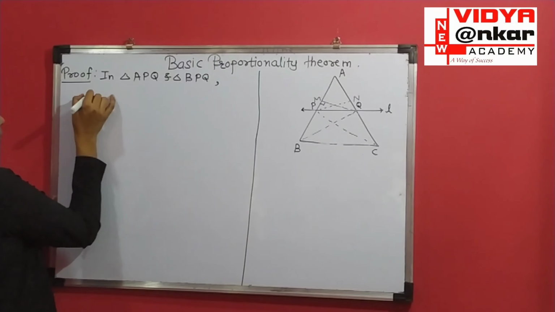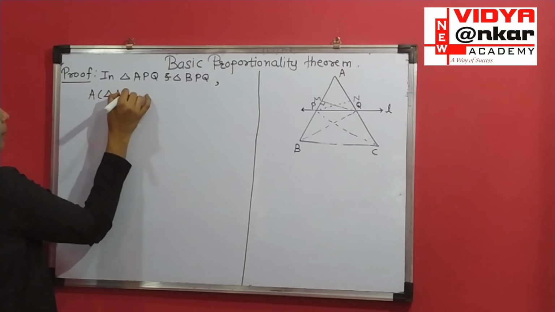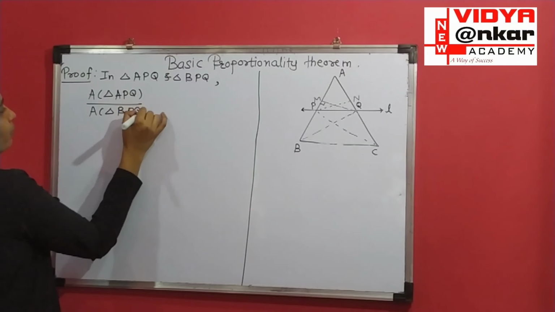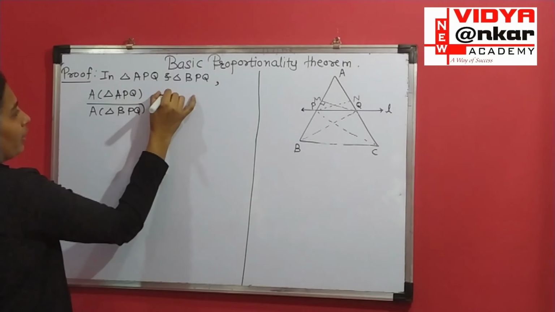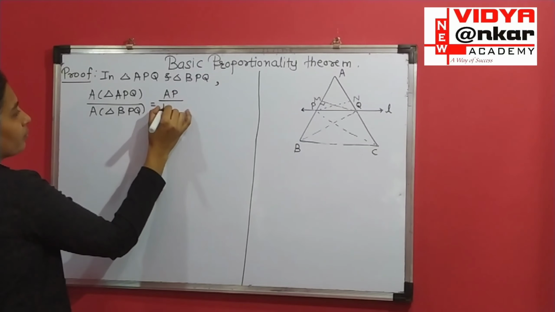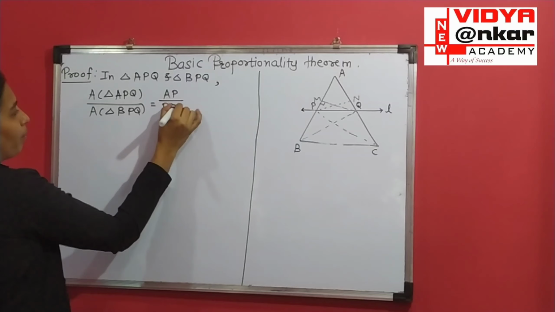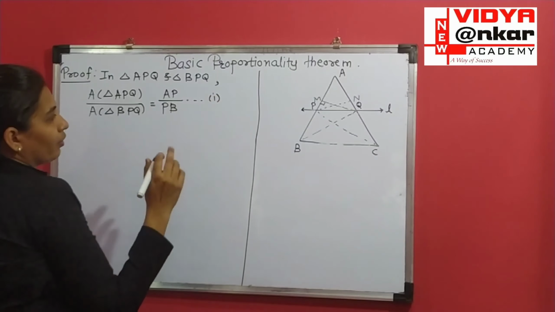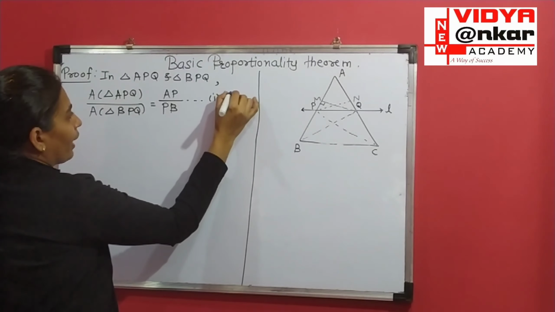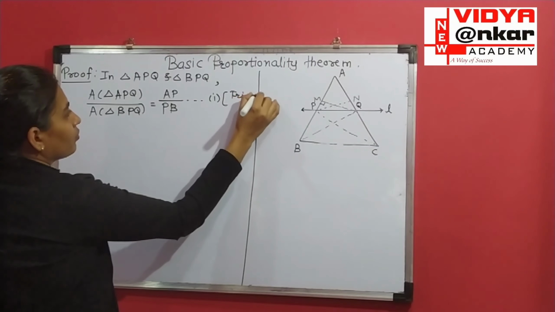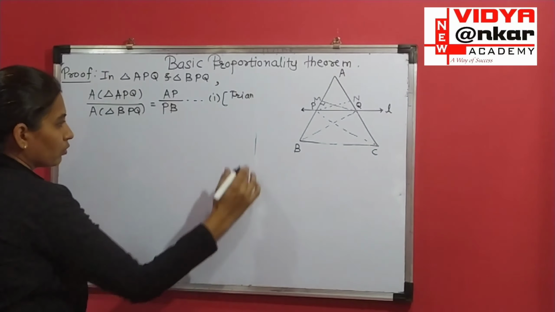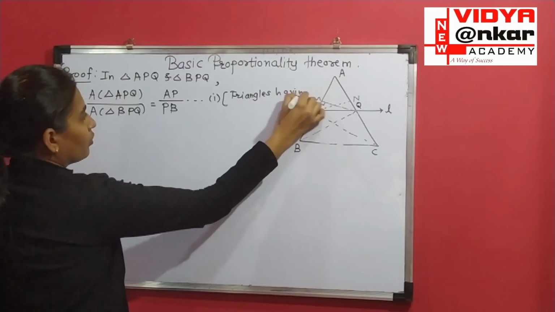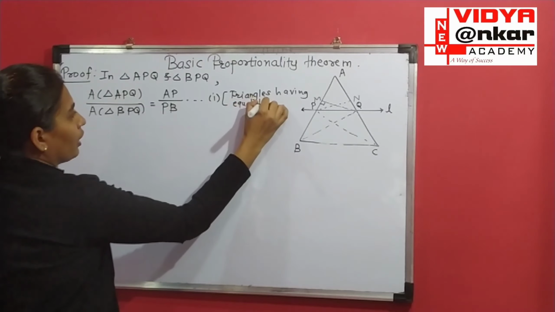So I can write area of triangle APQ upon area of triangle BPQ is equal to AP upon PB. Give it as number 1 and write the reason: triangles having equal heights.